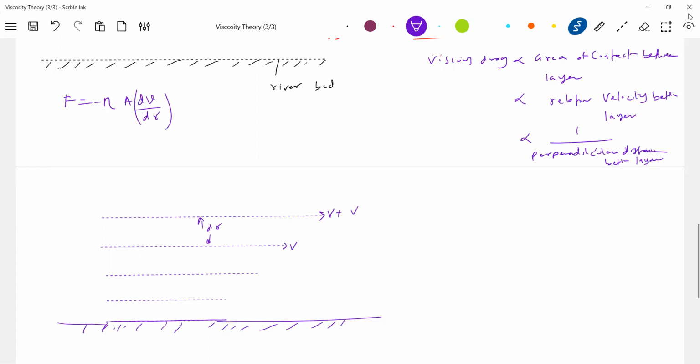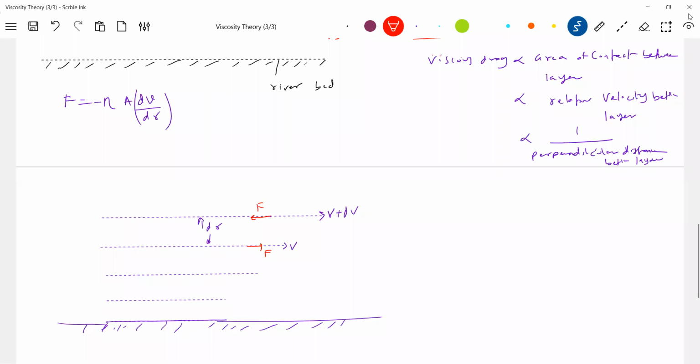Dr will be like this. Fine. So what I'm showing is the velocity profile. In what direction should the viscous drag act on this? It should be F like this, and the F should be like this.